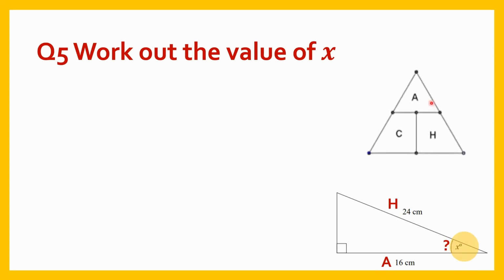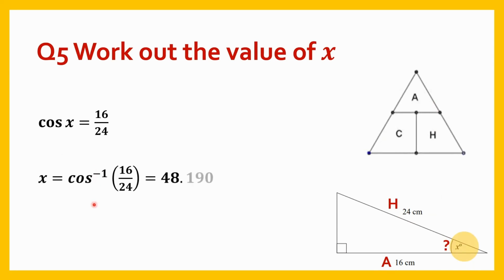Cosine equals adjacent over hypotenuse. Substitute the values: cos x equals 16 over 24. Using the inverse cos, x equals cos to the power of negative 1 of 16 over 24, which equals 48.190, 3 decimal places.